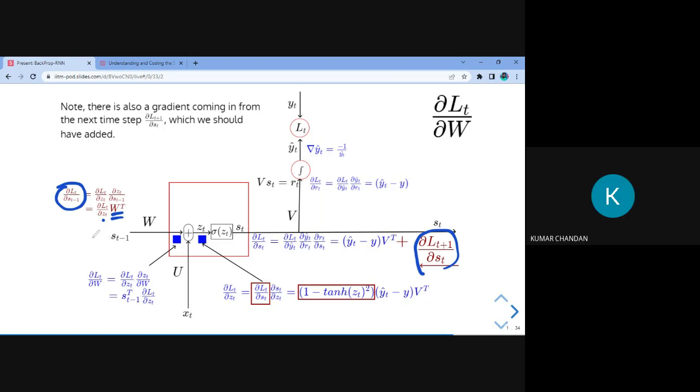The upper part will be back propagated, and below it will get stopped. Why do we need to compute this quantity? Because ST minus 1 is also influencing all this YT.